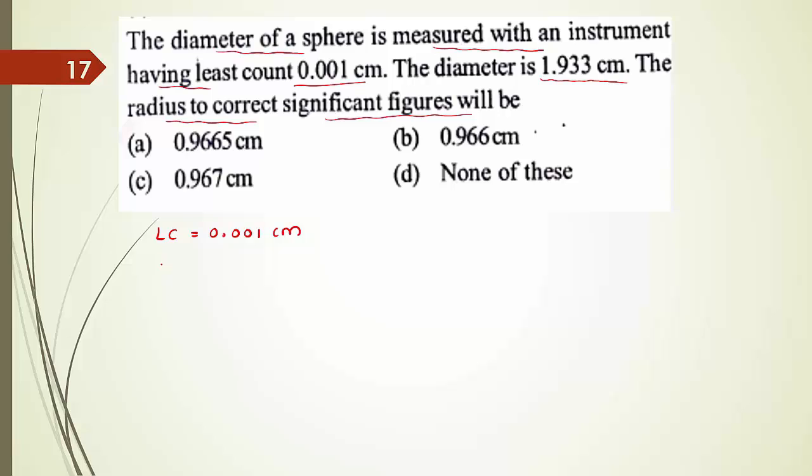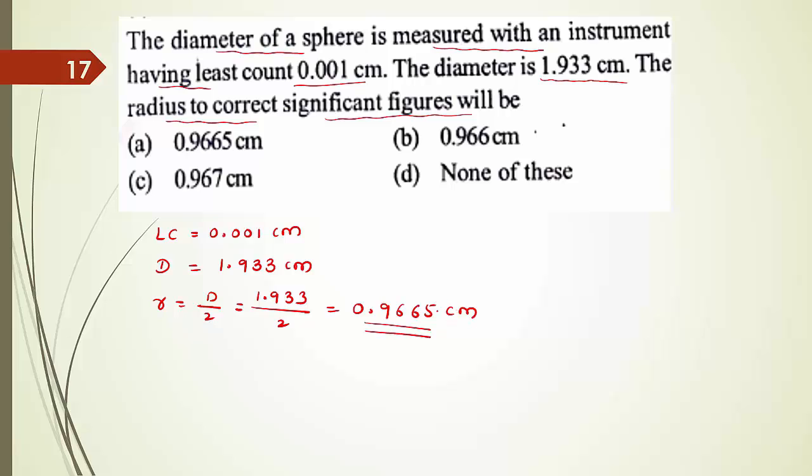Then the diameter, let us take D equal to 1.933 centimeter. We have to find the radius in terms of significant figures. Radius is half of the diameter, D by 2, which means 1.933 divided by 2, we will get 0.9665 centimeter. This is the radius value.